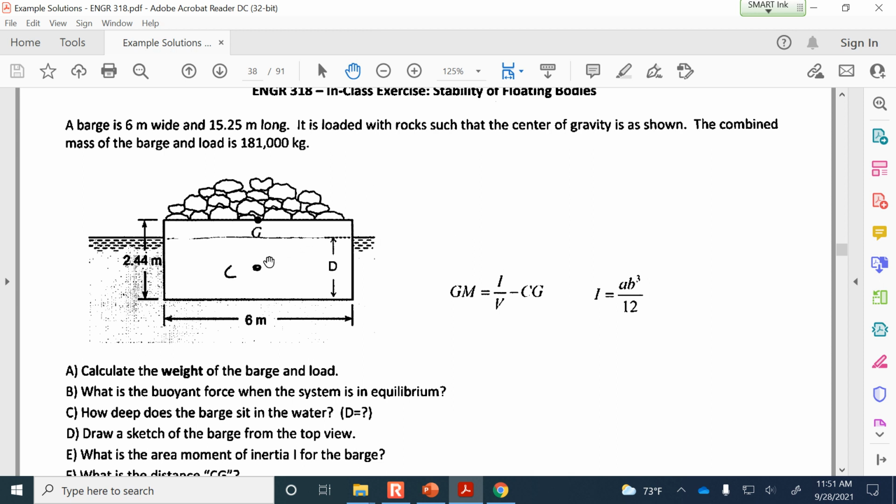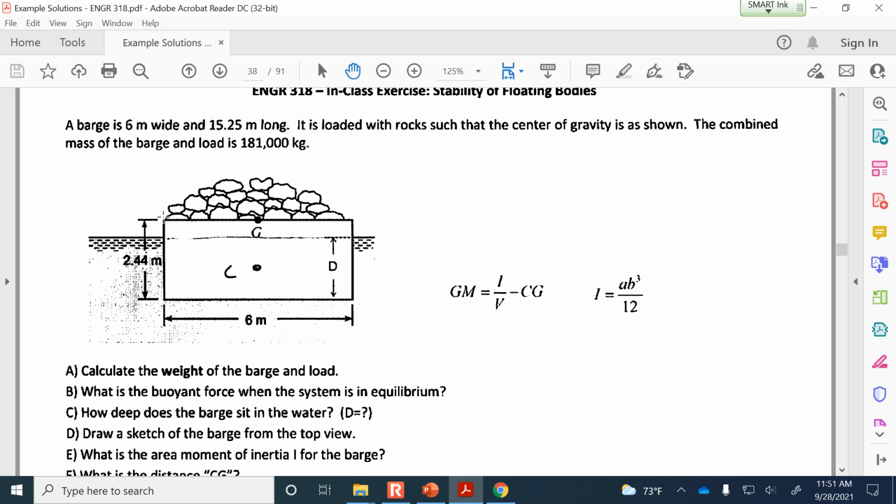One thing I think is helpful to visualize this problem is to draw the center of buoyancy on the page. Put a little dot to indicate C. And I think when you do that, you'll immediately see that it's halfway down from the waterline to the bottom. So D divided by 2 is the distance from the waterline down to C. But then to calculate from C up to G, you also have to know how far it is from the waterline to the top edge of the barge.